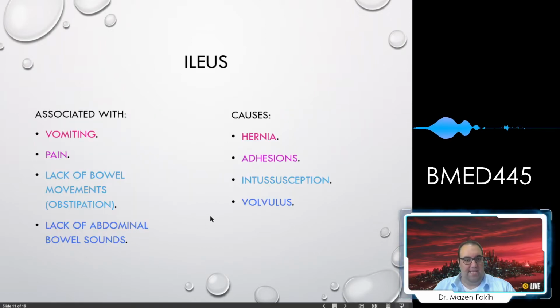Now, ileus is usually associated with vomiting, pain, lack of bowel movements, meaning the patient cannot pass anything at all, which we call obstipation, and lack of abdominal bowel sounds. If we put the stethoscope on the patient's abdomen, we cannot hear any bowel sounds.